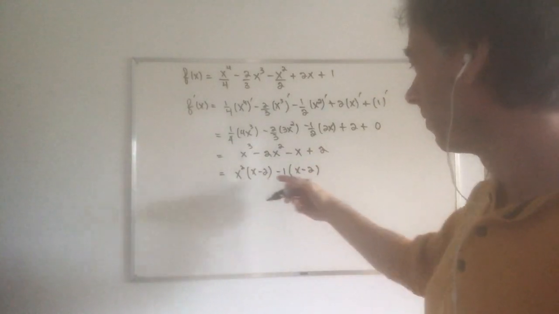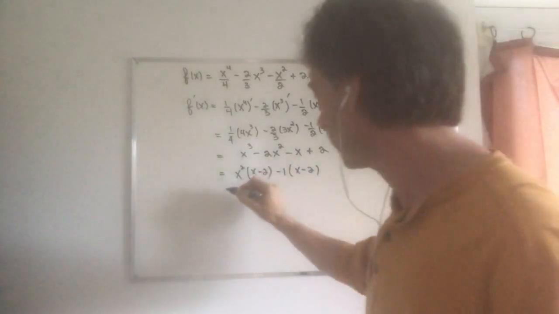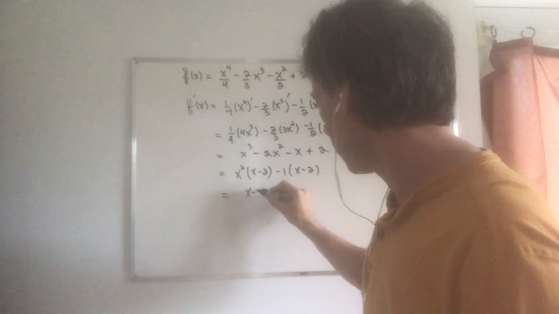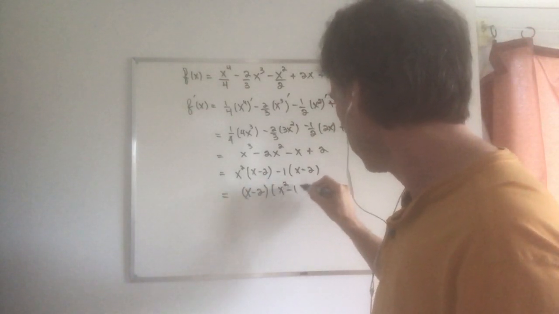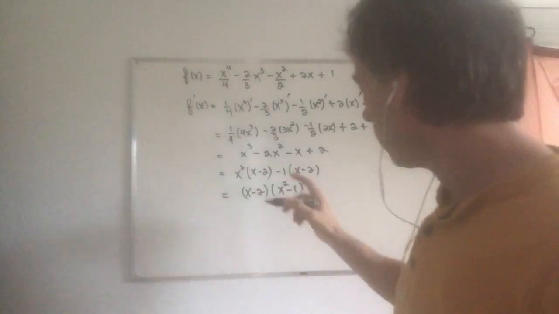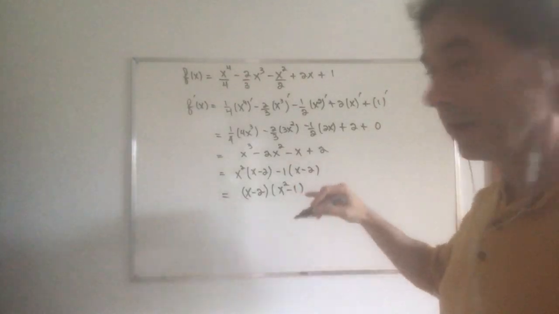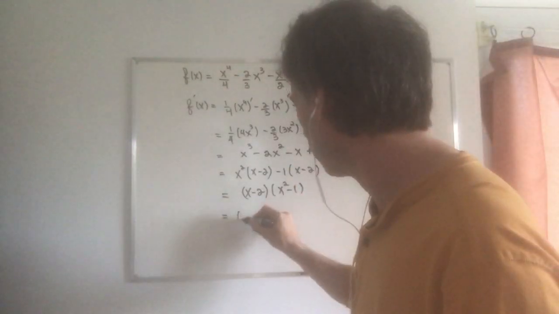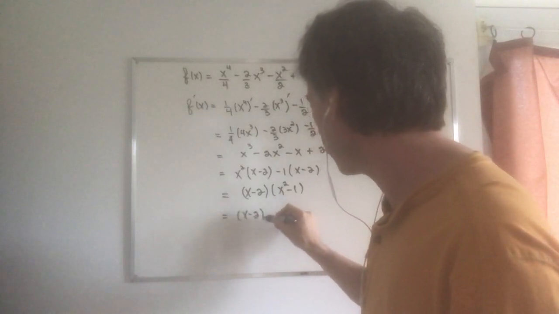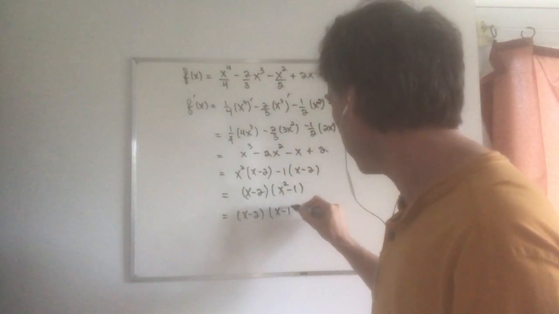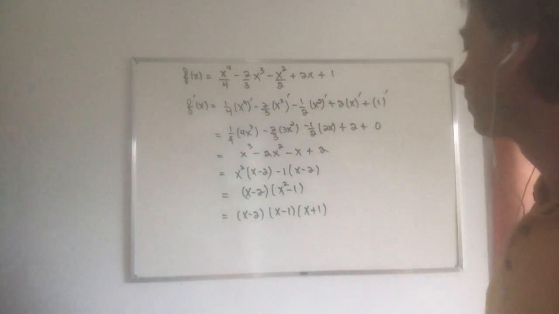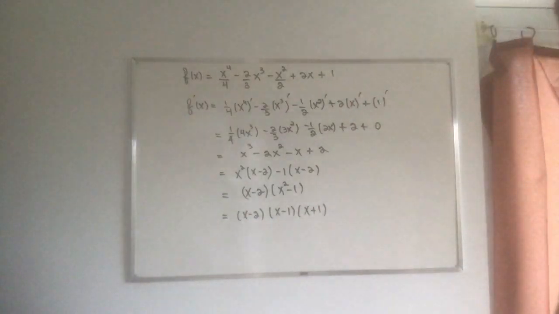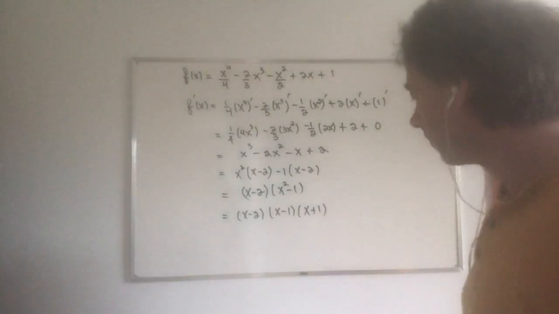Now I have the same term, so I double factor, and I have x minus 2 times x squared minus 1. Oh, difference of squares. So I can really, fully, completely simplify this derivative by writing it as x minus 2 times x minus 1 times x plus 1. Good job.